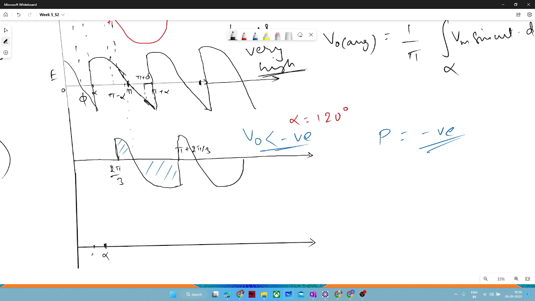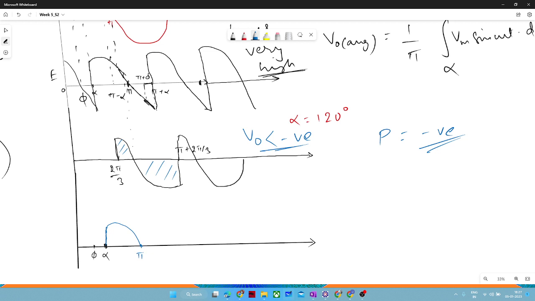Let's assume this is phi, and this is pi. It will start immediately at alpha, catch the supply voltage waveform, and follow the supply, let us assume till pi.